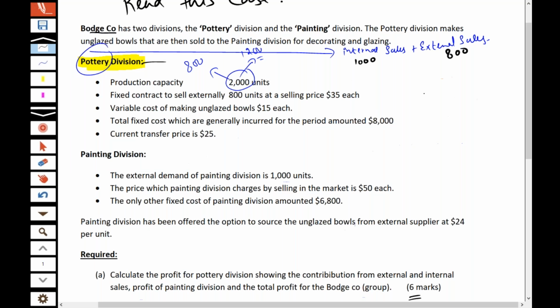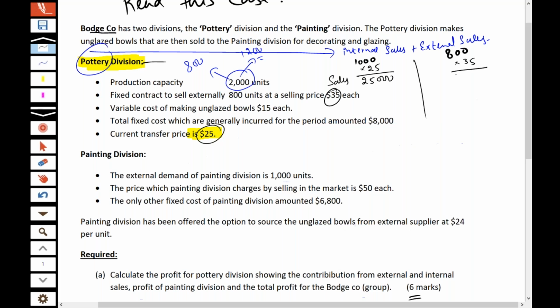Now, see this thing. Internal sale is being sold at $25, which was the agreed transfer price. So it is earning the sales of 25,000, and externally it is selling at $35.